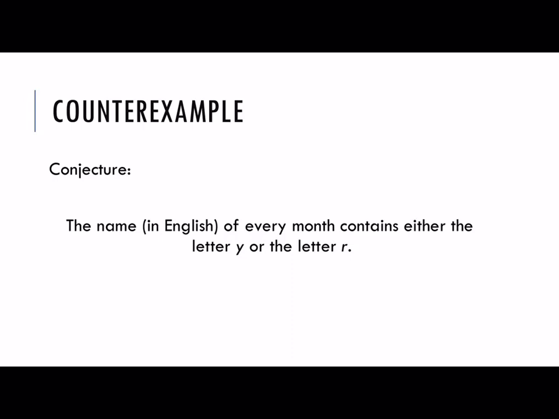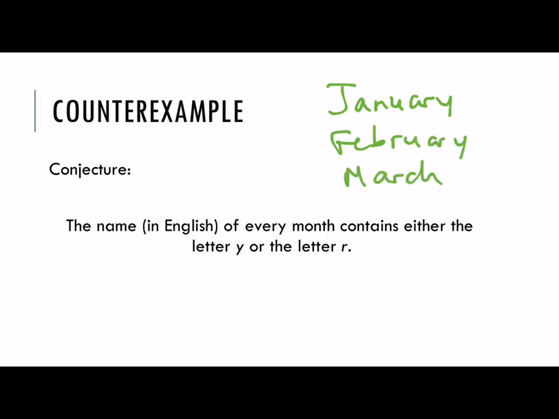Maybe this is a non-native English speaker, and they're just learning the language, so they learn the months of the year: January, February, March, and April, and they're noticing, maybe looking for some patterns here to try to see how these names are constructed, and they may notice that January and February both have a Y, March and April do not have Ys, but they do have Rs, so maybe their guess is that every month's name in English contains either Y or R.